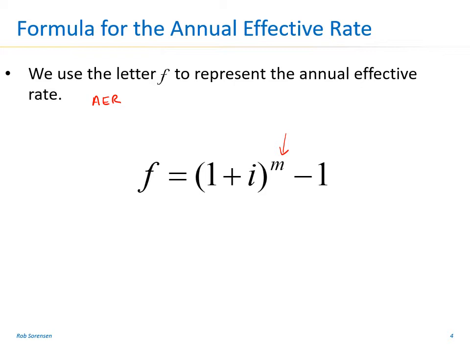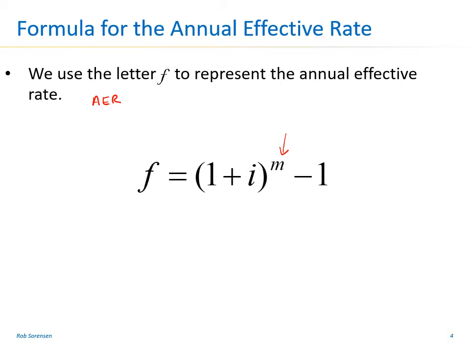So I'll switch that in there for N. I'm going to then subtract 1 at the very end, and that'll take out this 1 after the compounding effect to leave me with my new rate, essentially. And so that's the formula that we need for the annual effective rate.